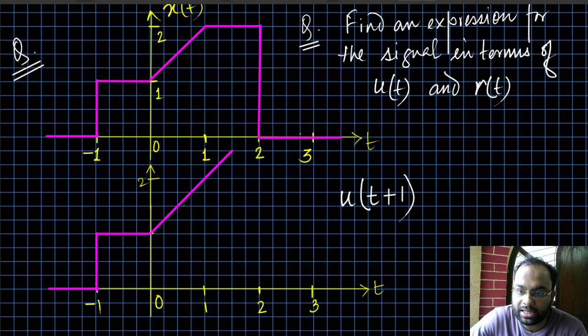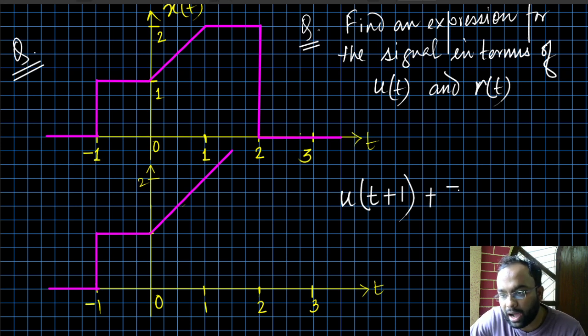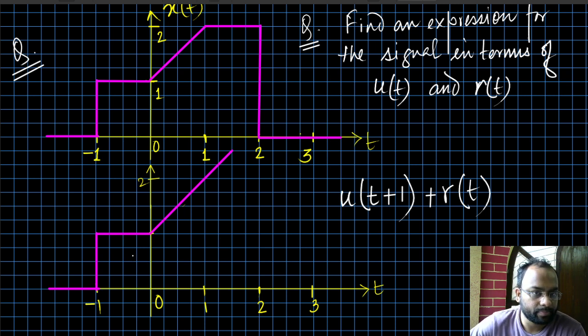So now this is the addition of the ramp, plus r(t), just r(t), right? So the ramp added with a step.